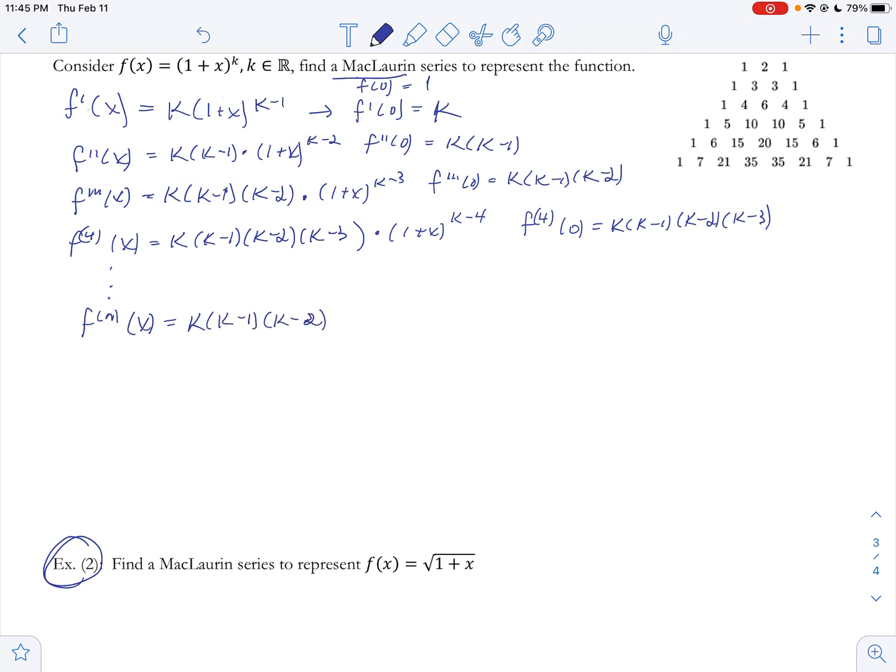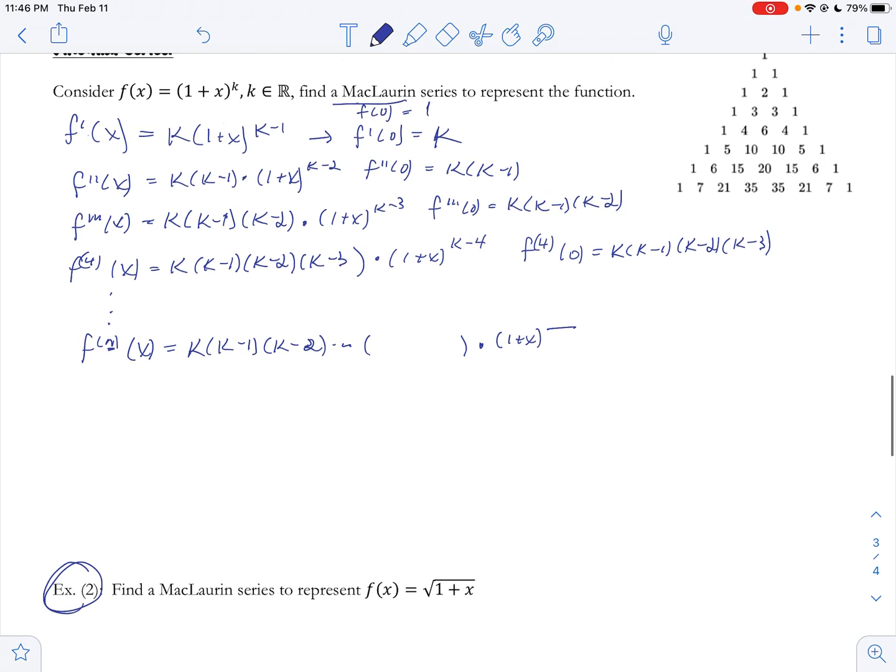Because n and k are different numbers. So we need to come up with an expression to represent when to stop writing those sets of parentheses. And then we're going to take that and multiply it by 1 plus x to some power. And then we need some kind of an expression here relating k and n. So maybe that's probably the easier one to find.